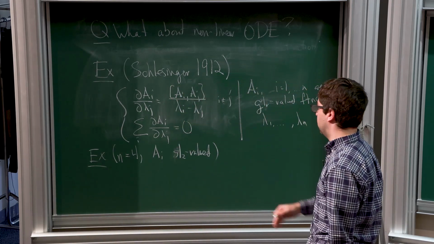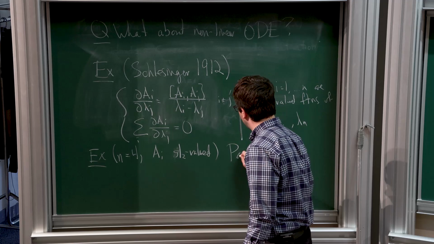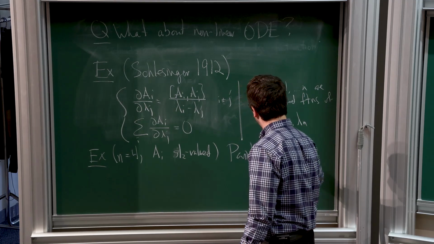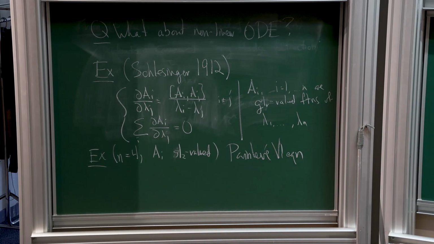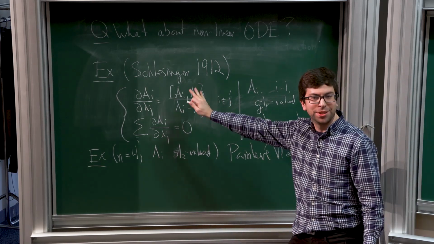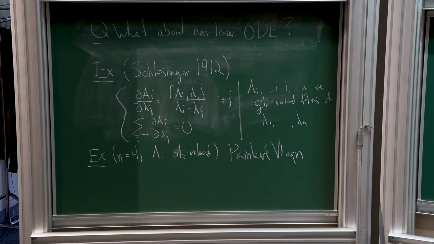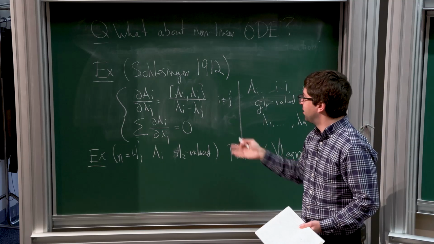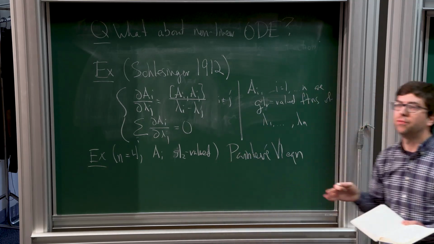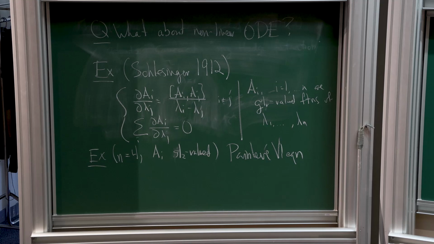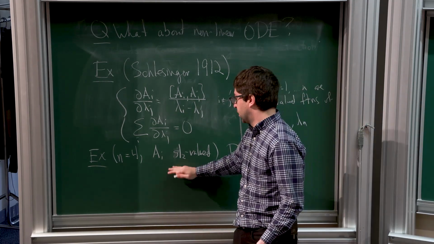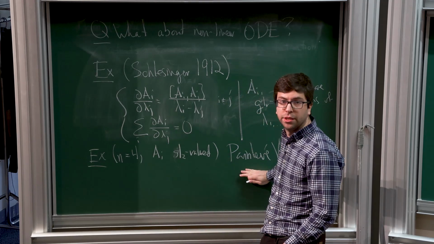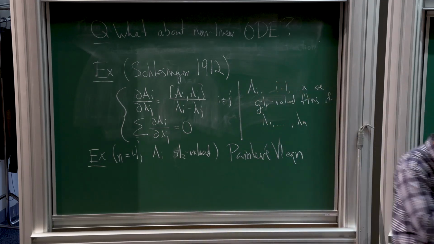So this is, up to change of coordinates, the Painlevé VI equation. So if you go on Wikipedia, you can see how people usually write down the Painlevé VI equation. It doesn't exactly look like this, but this is the form of it I can remember. Okay, so maybe let me just remark, trying to understand algebraic solutions to these equations is not a new thing. So I don't know if Philip Boalch is in the audience, but there's been a huge amount of effort put forth, arguably over the last 100 years or so, trying to classify algebraic solutions just to this one nonlinear ODE. So it's kind of an interesting question.